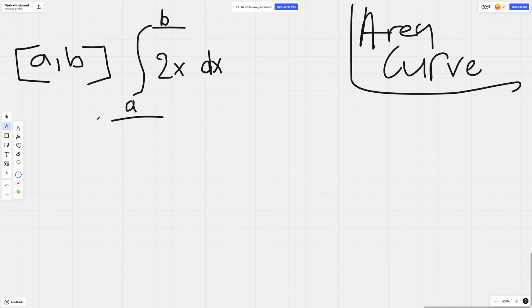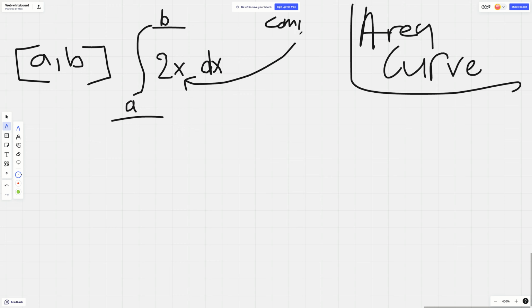Now, we have the integral from a to b of f of x. In this case, that's 2x with respect to x. A and b are our bounds. Okay, well, first of all, to actually get the area under the curve, we first have to get the antiderivative, or the integral of our function f of x.